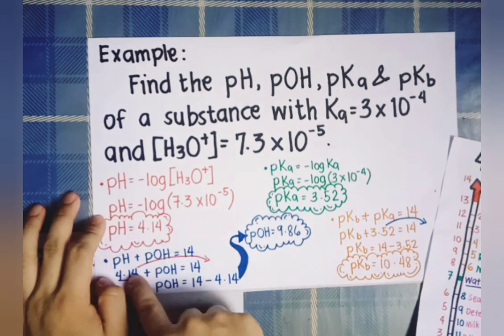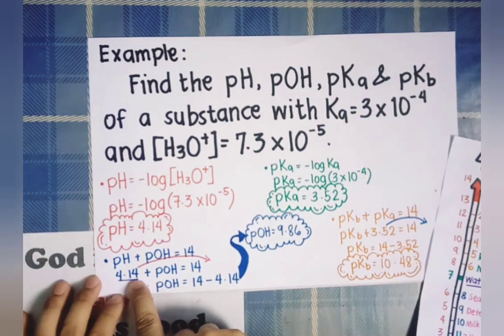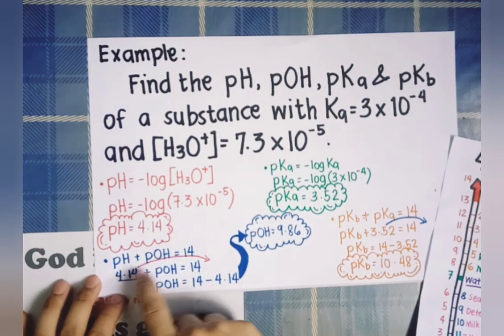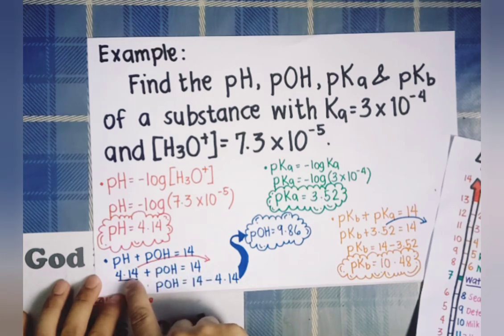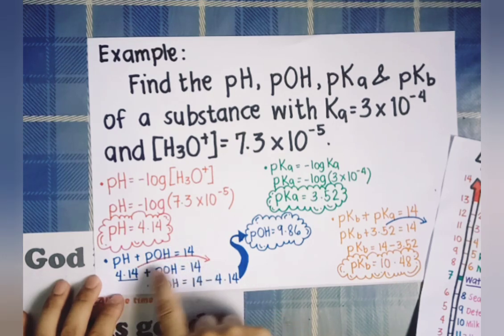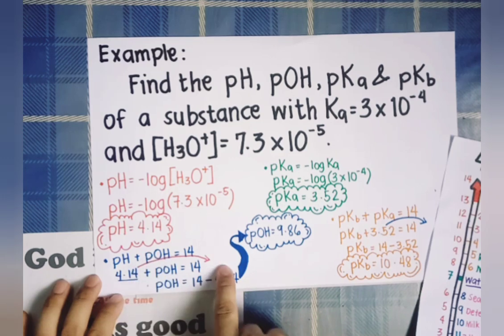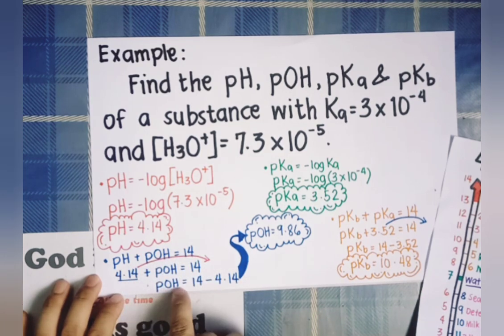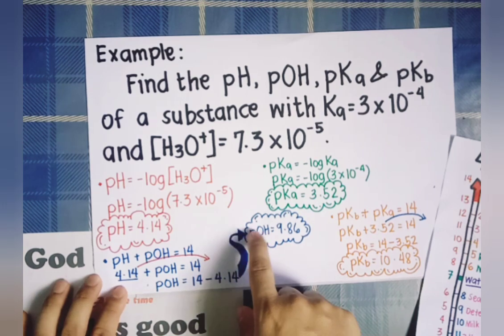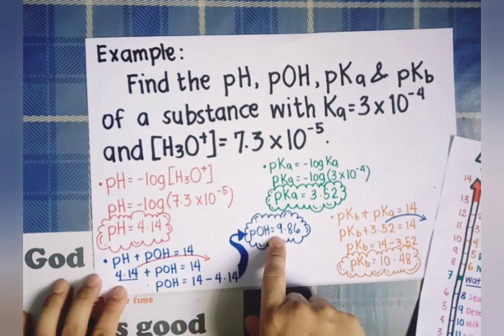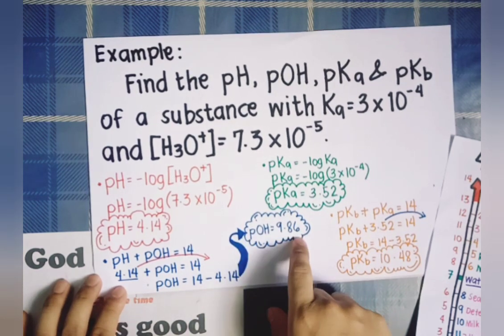We know that the pH is 4.14, so we substitute this value here, plus pOH, which is unknown, is equal to 14. By transposition to the other side of the equation, pOH is equal to 14 minus 4.14, and therefore our pOH here is 9.86.